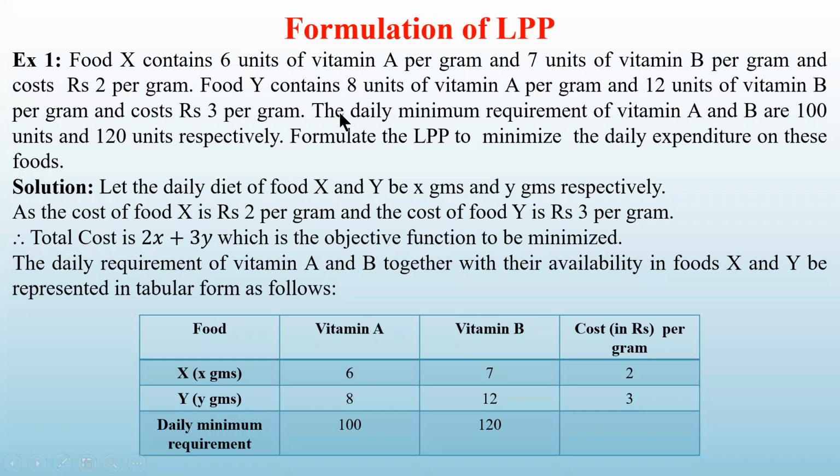Look at what the other statement is. The daily minimum requirement of vitamin A and B are 100 and 120.